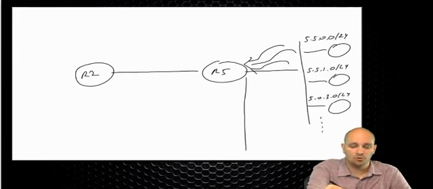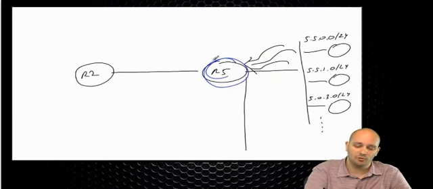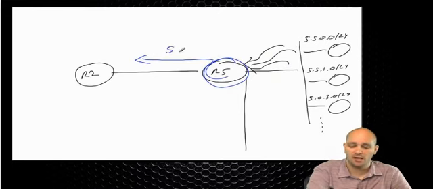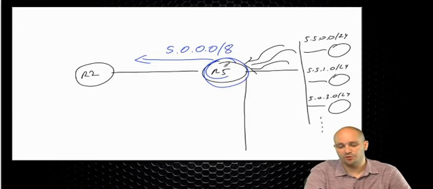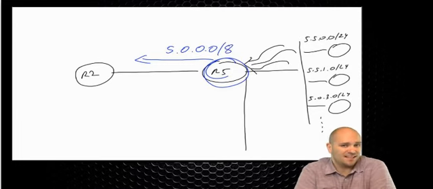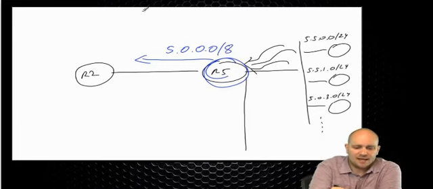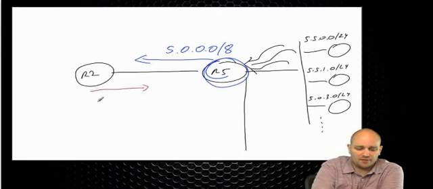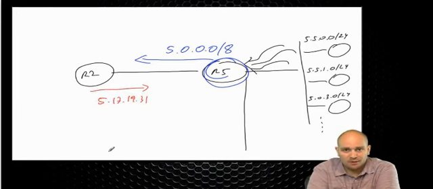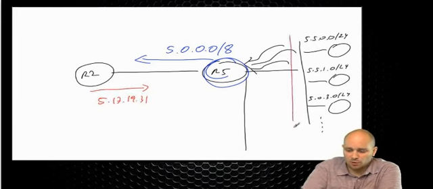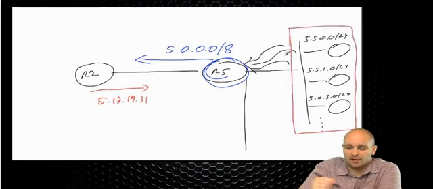Now, when all these routes were actually received by R5, I would have any number of these /24 routes. Now, what I want to do here from R5 is tell R2, hey, you know what? If you have any traffic that goes to 5.0.0.0/8, send it to me. So let's now say that R2 sends traffic for 5.17.19.31. So something that we don't have here in this network.